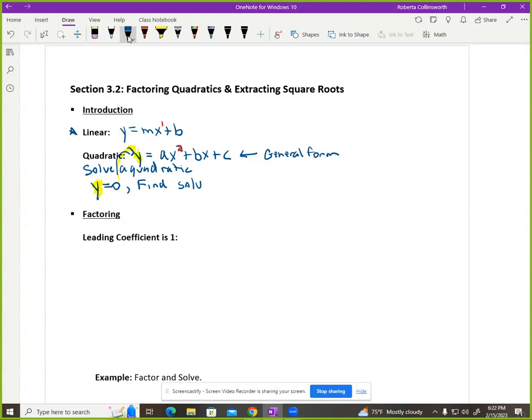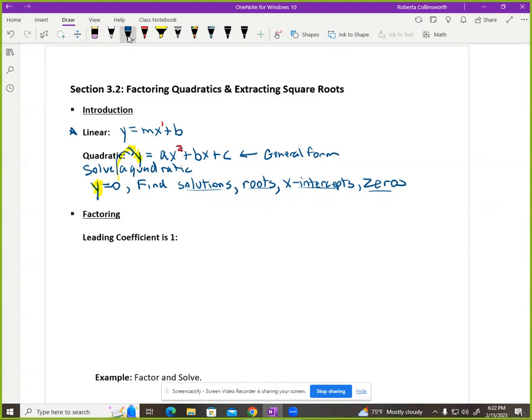So when I solve, I'm finding solutions. I'm finding the roots. I'm finding the x-intercepts. I'm finding the zeros. These all mean the same thing.